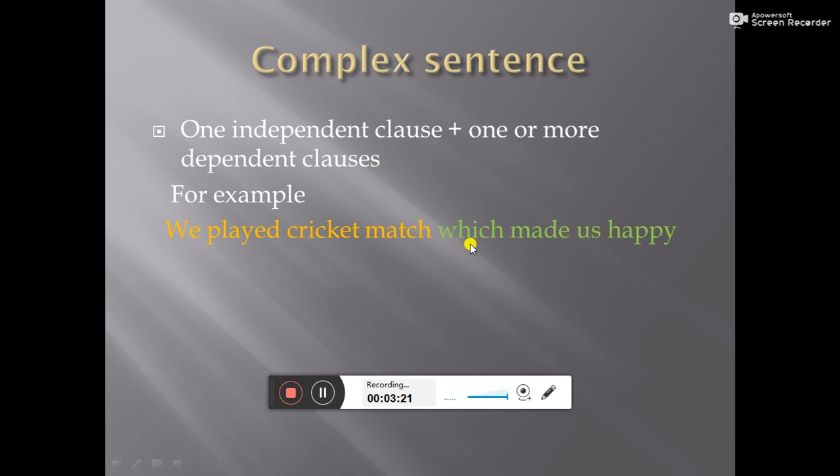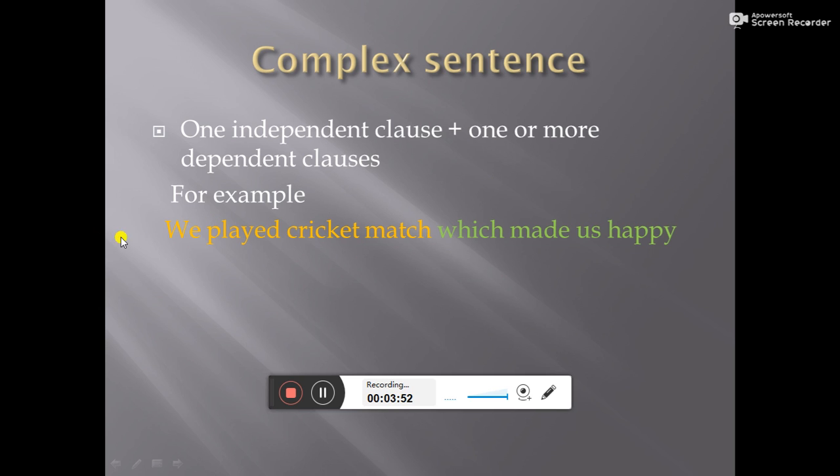Whereas if you look at the second clause, which made us happy, the colors have been changed here to help you understand independent and dependent clauses. This clause, which made us happy, is called a dependent clause. Why? Because without an independent clause, this dependent clause cannot give its complete meaning. So this clause is dependent and this clause is independent.